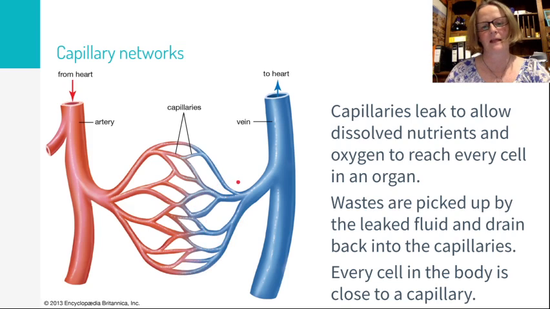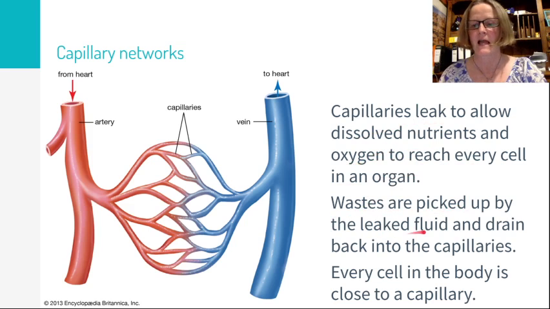They join back together to make big veins that come back to the heart. So capillaries are leaky, and they allow dissolved nutrients and oxygen to reach every cell in an organ. Wastes are picked up by these capillaries, and the leaked fluid drains back into the capillaries, and every single cell in the body is close to a capillary.